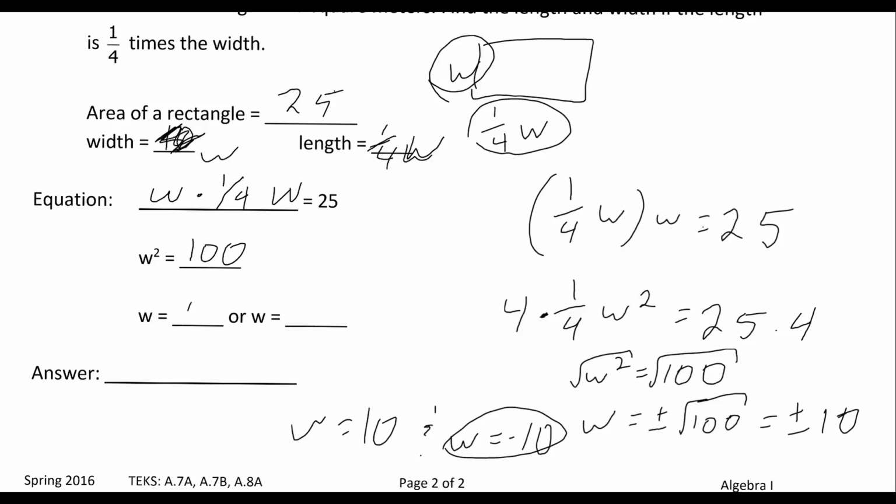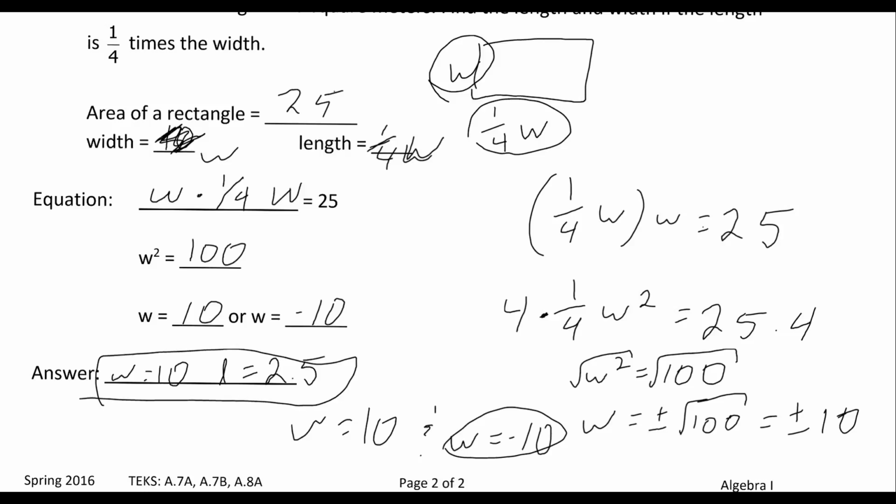So W equals 10, or W equals negative 10. So the width winds up being 10, and then 1/4 of 10 is 2.5. So L equals 2.5. And there we have it.